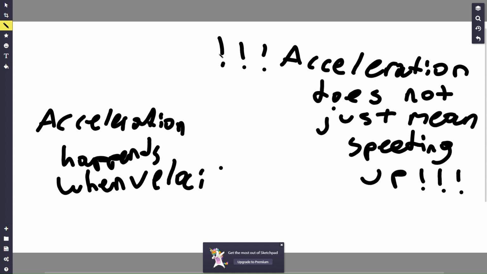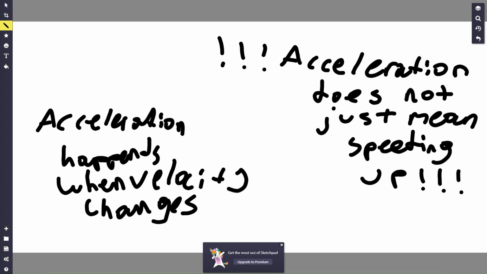Because basically acceleration is the rate of change of velocity. This is what it basically is.